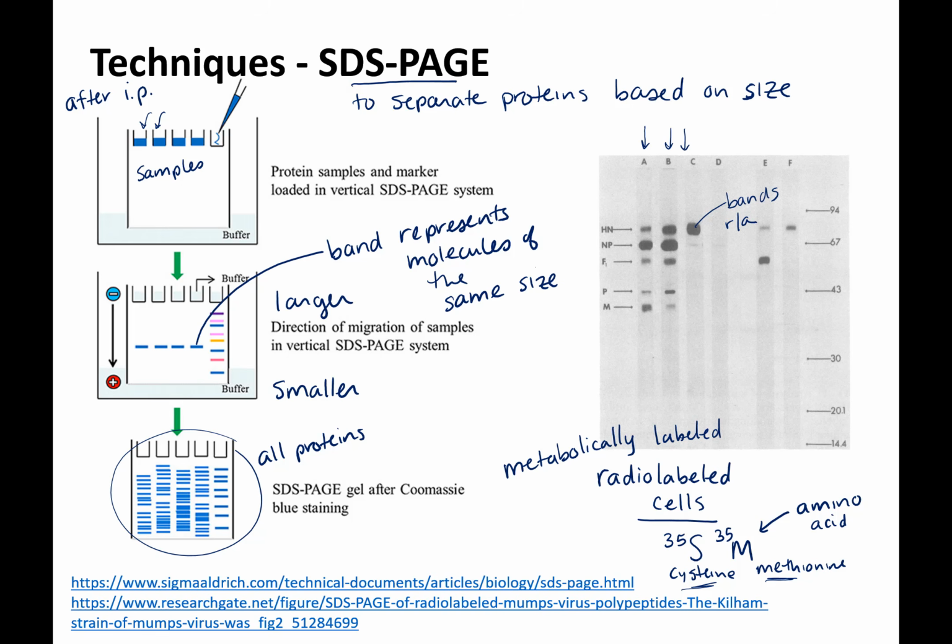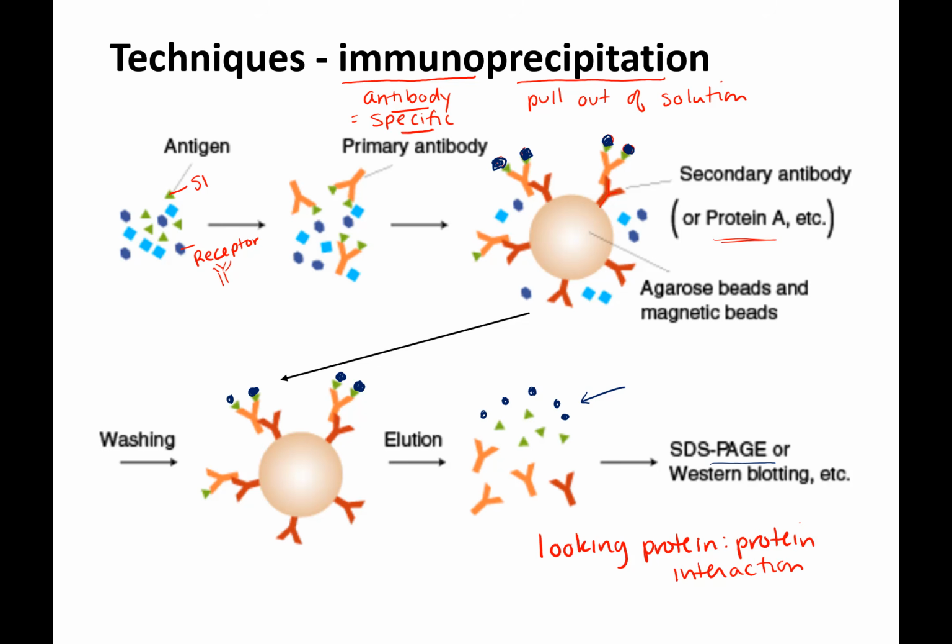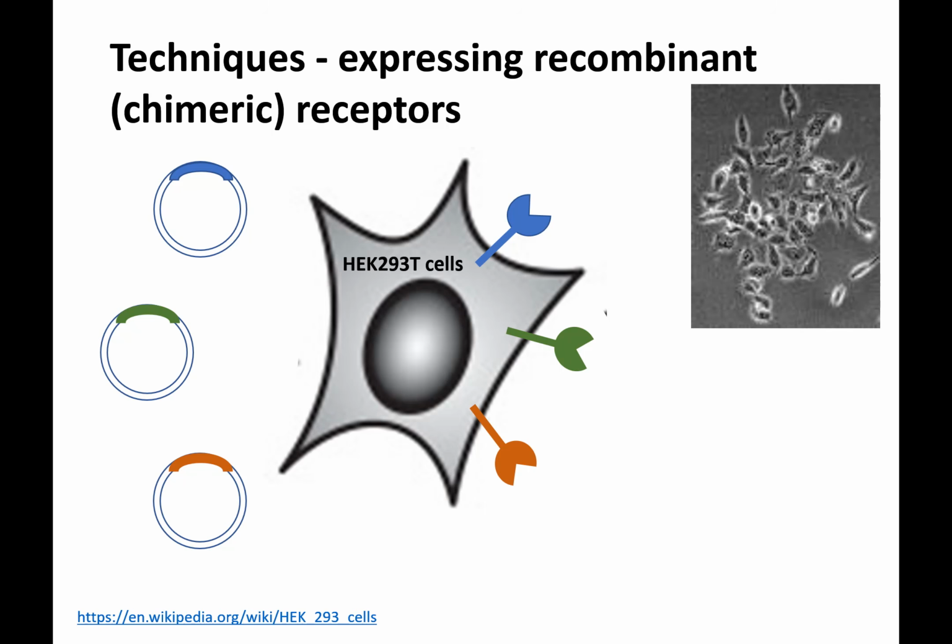So what's happening again in the cells, let's look at here. What's happening in the cells is they have these cells called HEK293T cells, and they'll put in a plasmid that, say, makes a recombinant receptor. So this is my chimeric receptor.